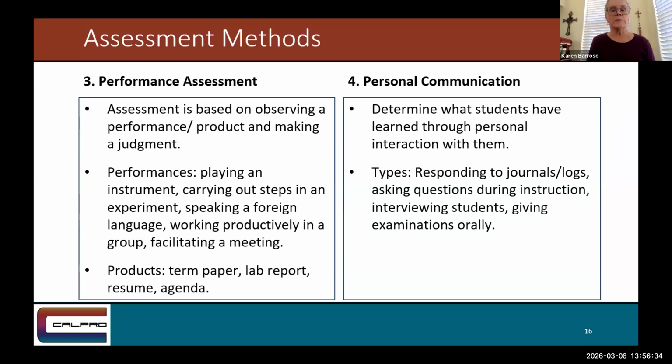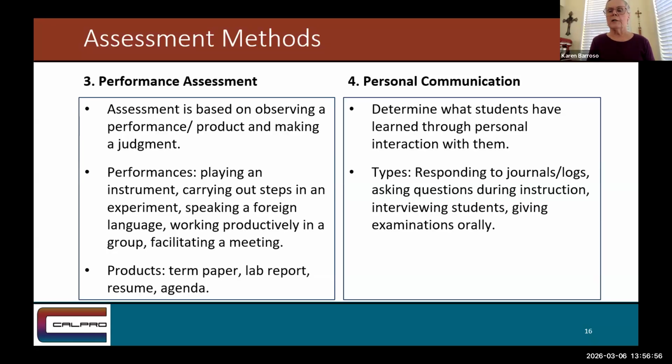And then performance, we have a product and you're making a judgment. You actually perform, or term paper, a report, or a resume, anything like that. And then we have personal communication, which I think we do a lot in ESL.